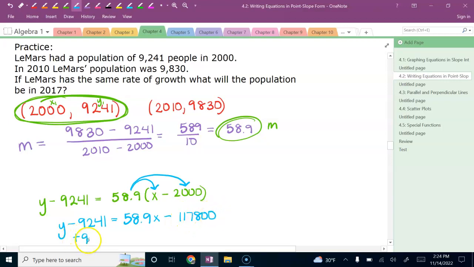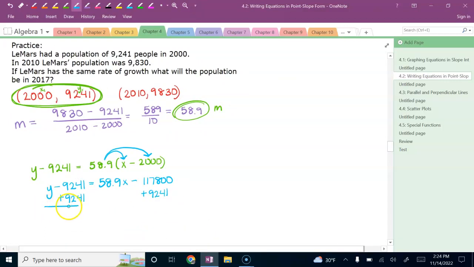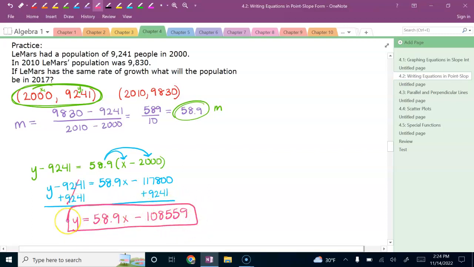Then I would have added the 9,241 over. So I got y equals 58.9x minus 108,559. So that's my equation that I could use to represent this population growth.